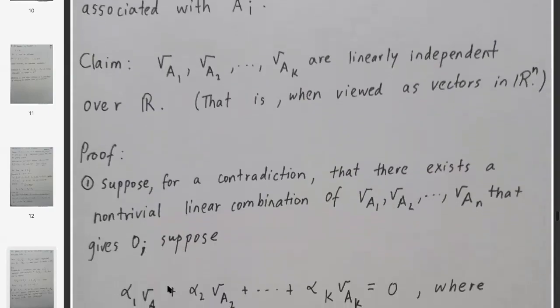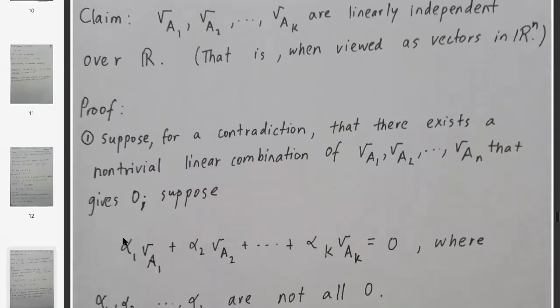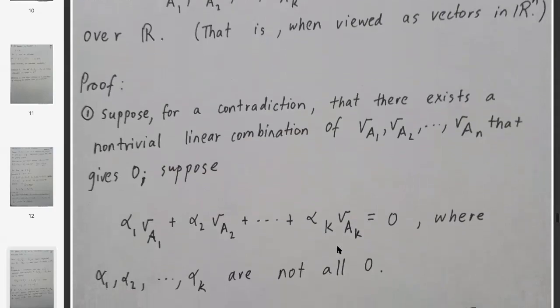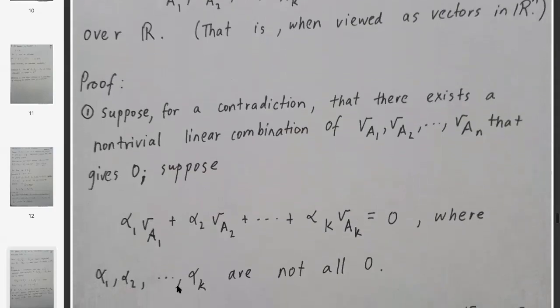So suppose alpha_1 v_A1 plus alpha_2 v_A2 plus ... plus alpha_k v_Ak is equal to 0, where alpha_1, alpha_2, ..., alpha_k are real numbers that are not all 0.